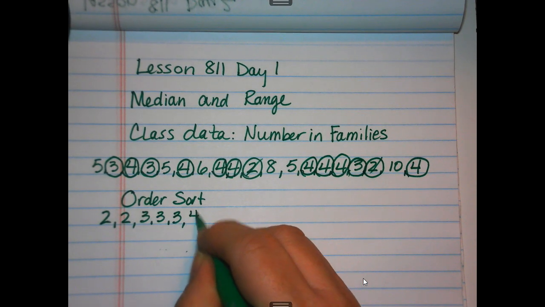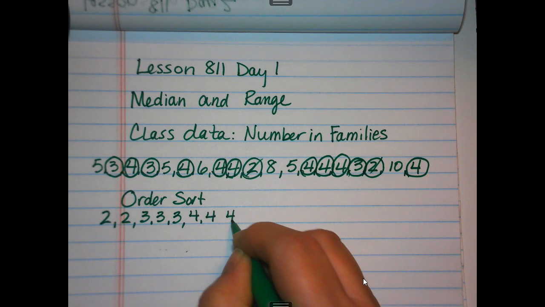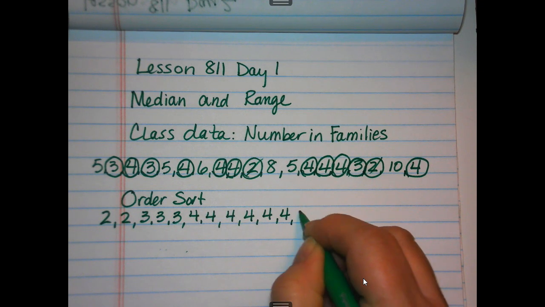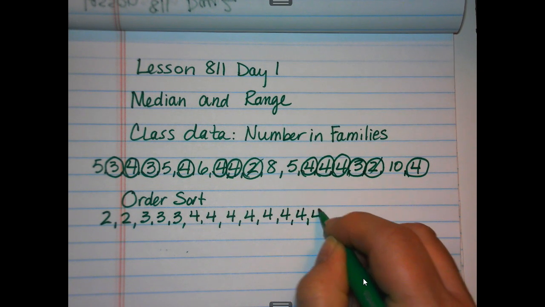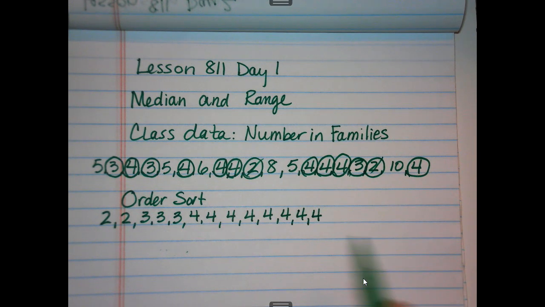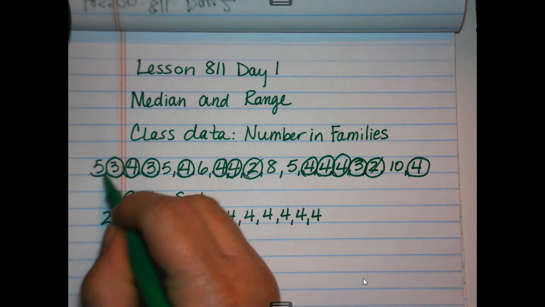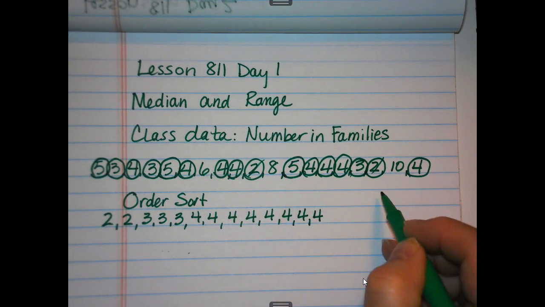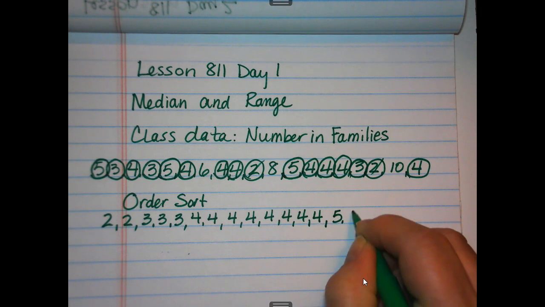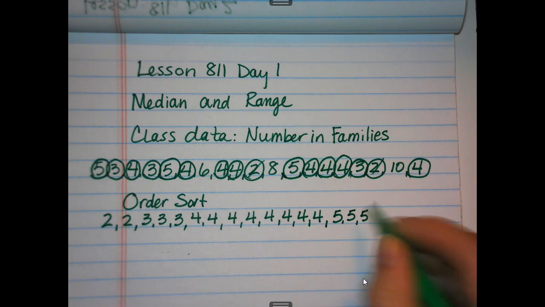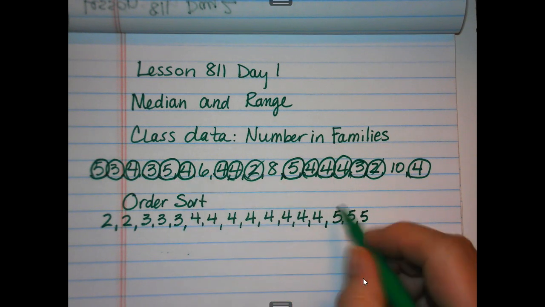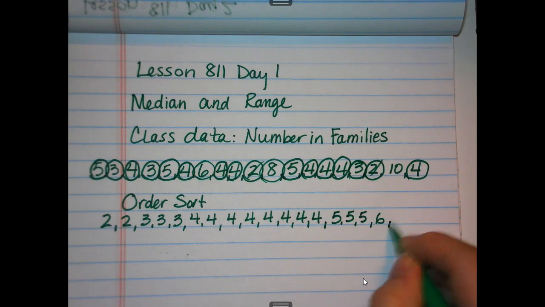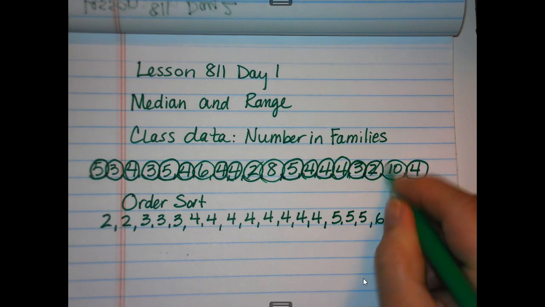And then after 4 comes 5. So I've got 1, 2, 3 5s. And then would come 6, 8, and 10.